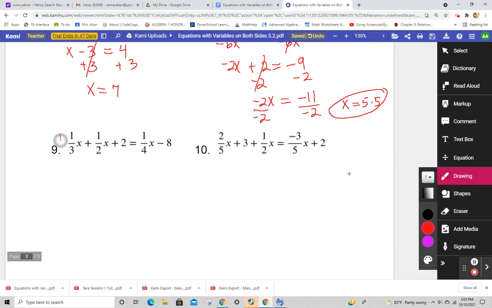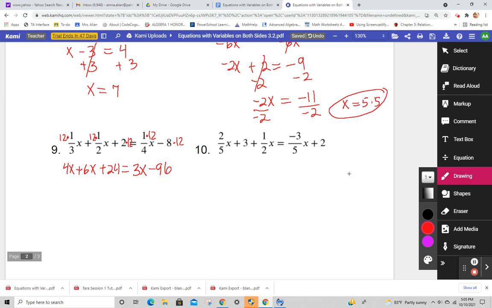All right, so multiply this numerator by 12, this numerator by 12, this number by 12, this numerator here by 12, this number by 12. 12 times 1 is 12 divided by 3, that's 4x. 12 times 1 is 12 divided by 2, that's 6x. And 12 times 2 is 24. 12 times 1 is 12 divided by 4, that's 3x. And 8 times 12 is 96.